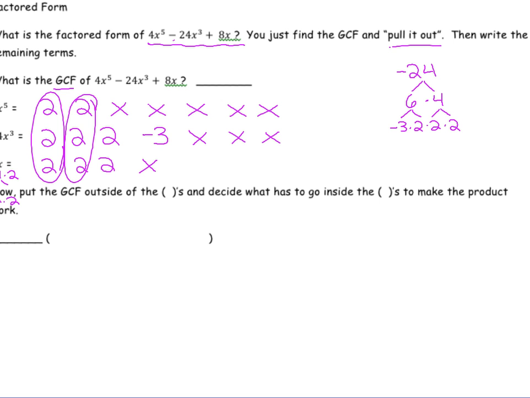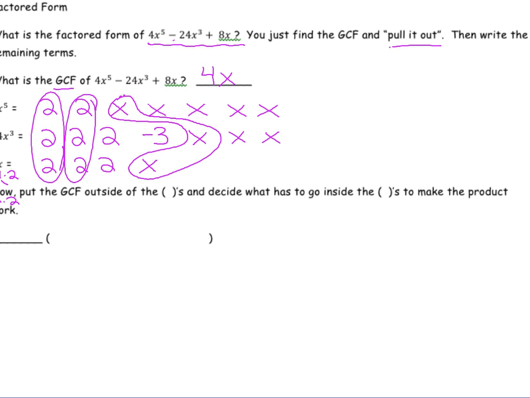So 2 times 2, that means the biggest number they have in common is 4. And the most number of x's I can pull would just be 1. So 1x. All right. So our greatest common factor is 4x.